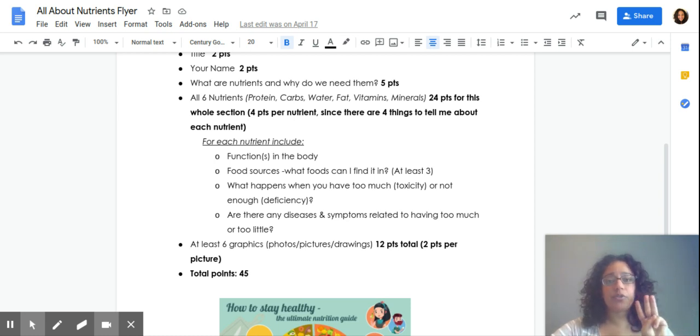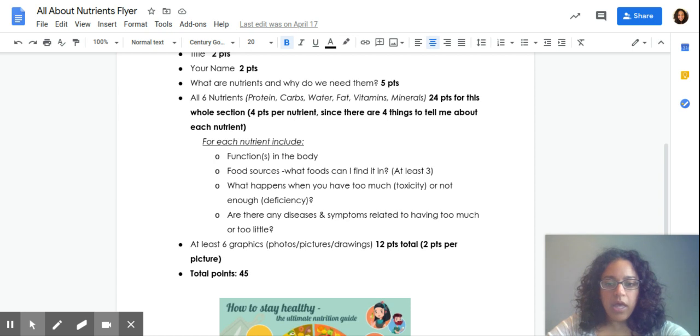You need to name at least 3 different foods that you can find this nutrient in. So, for example, you could say calcium. Calcium is a mineral, and you could say you find certain minerals, such as calcium, in foods like broccoli. That could be one of your examples.